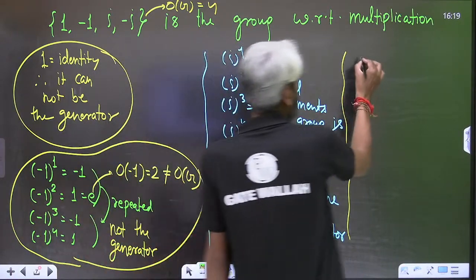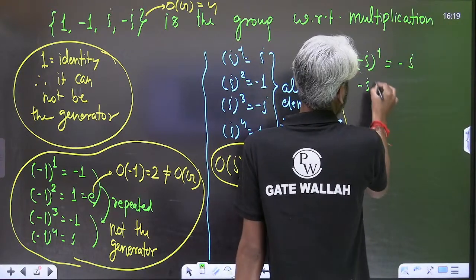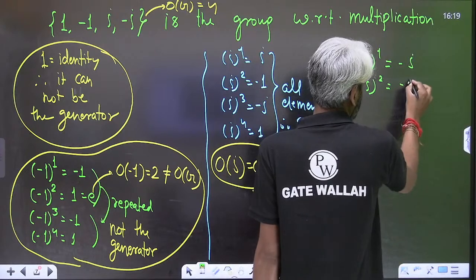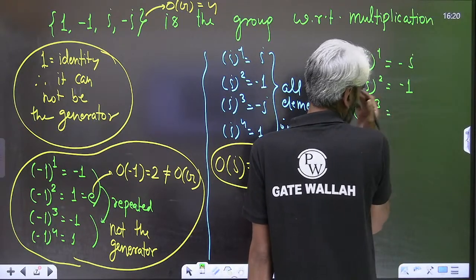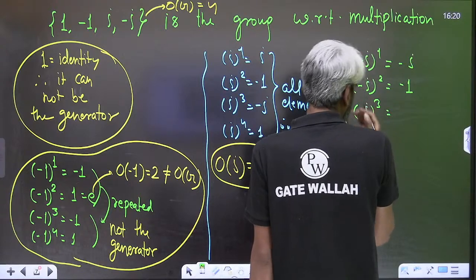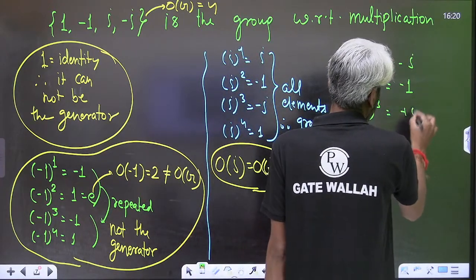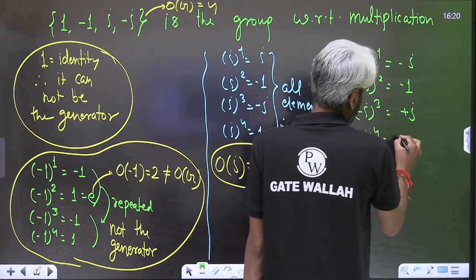And let's look for minus iota. So minus iota raised power 1 will be minus iota. Minus iota raised power 2 will be plus of iota square, which is -1. Minus iota raised power 3 will be minus of iota cube. Iota cube is minus iota, therefore it will become plus iota. And minus iota raised power 4 will be 1.